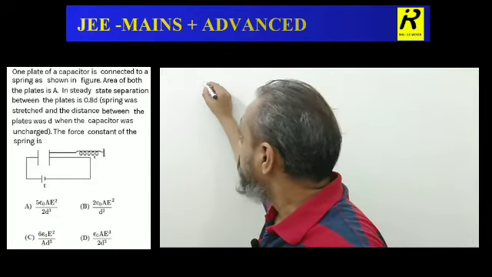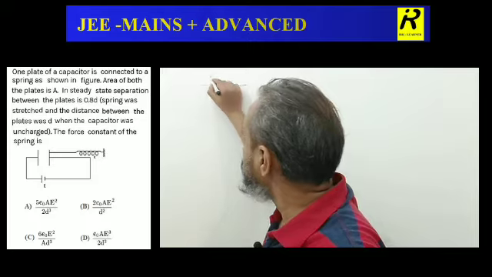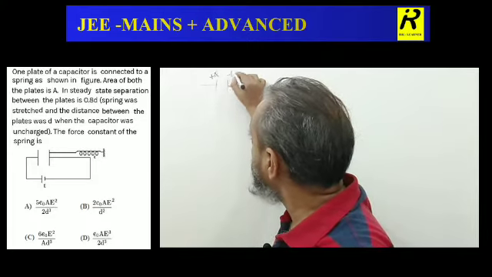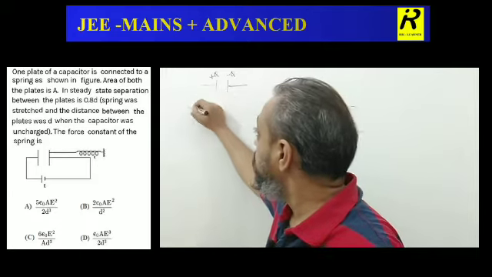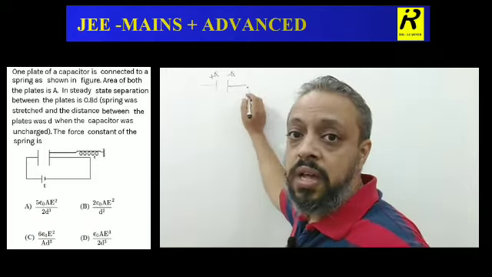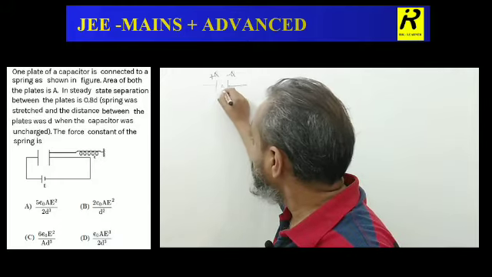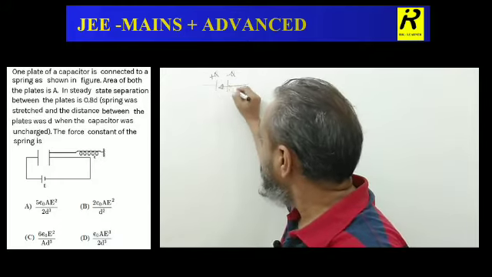So now I will show how we can easily find the spring constant. When the capacitor is charged, the left plate will possess a charge plus Q and the right plate minus Q, because one is connected to the positive of the battery and the other to the negative. So there will be attraction between these two plates.